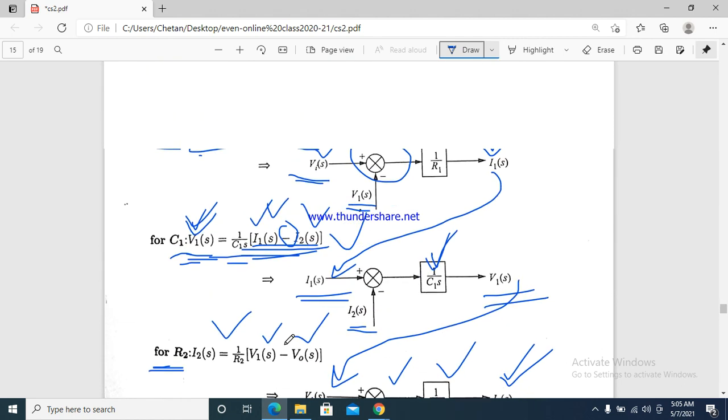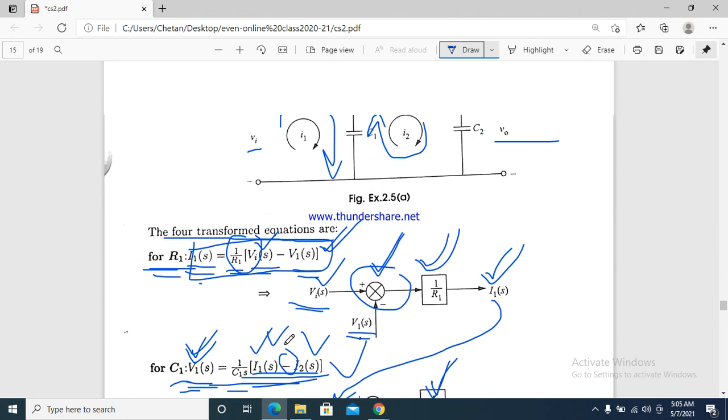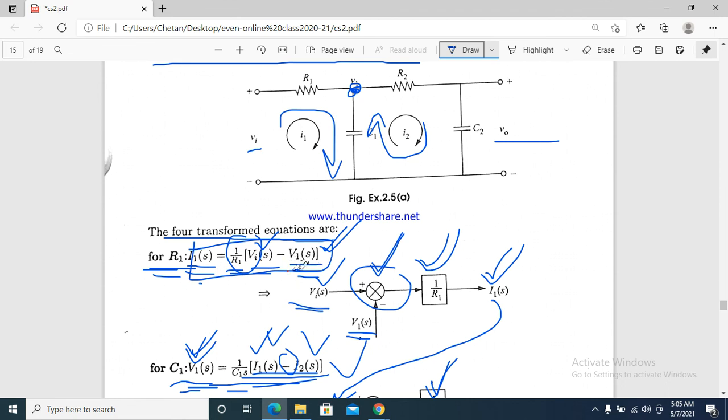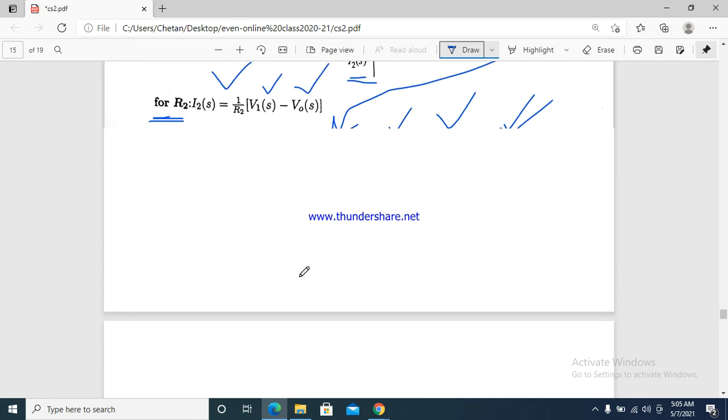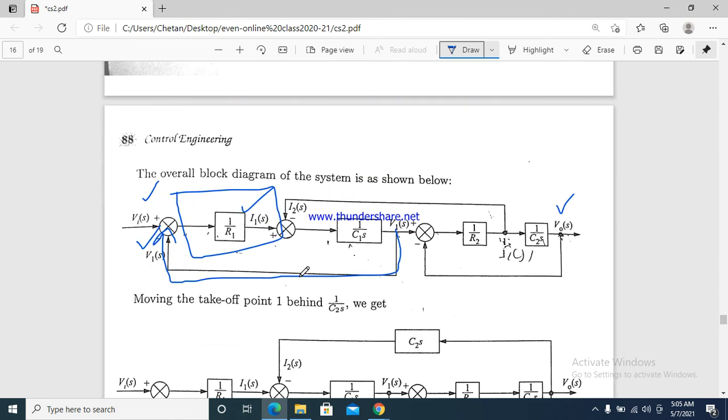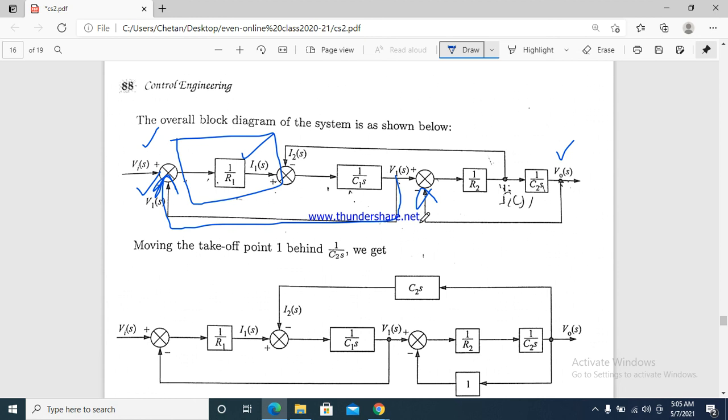You are subtracting V1 of S there, like a subtractor, so you should have a feedback element here. Here also you should have a feedback element. Like this, you have got the complete diagram.